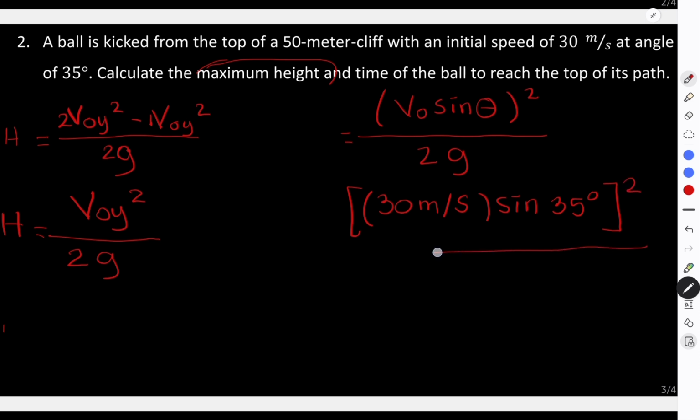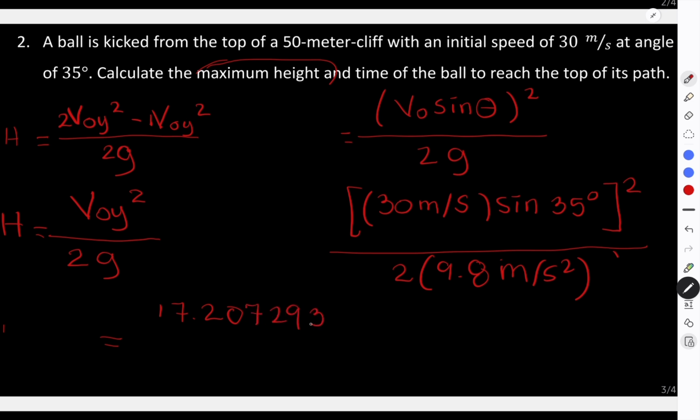That is squared. Again, 9.8 meter per second squared, put it here instead. Again, 30 sine 35 is 17.20309 meter per second. But remember, we still have to square that one.